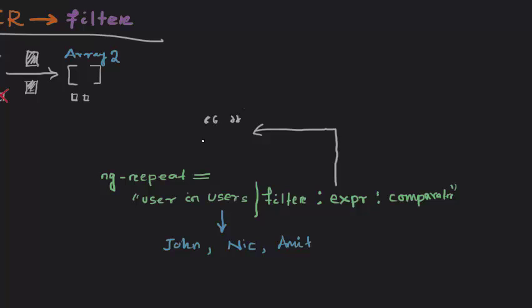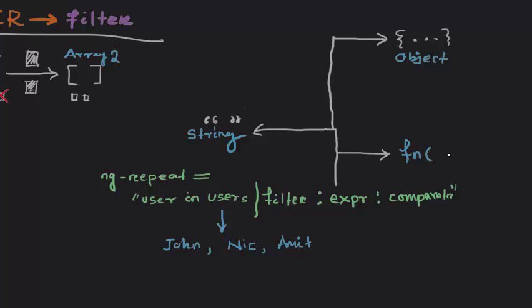We can specify the string, and in the second parameter we can give some object. We can have an array of objects. That is the more widely used scenario. And the third, if you need more customized behavior in the filter, we can also pass a function. That function needs to be defined in a controller, and the name we can pass as the second argument.